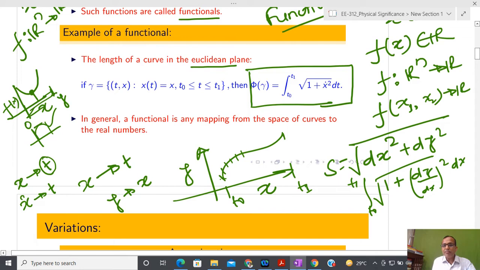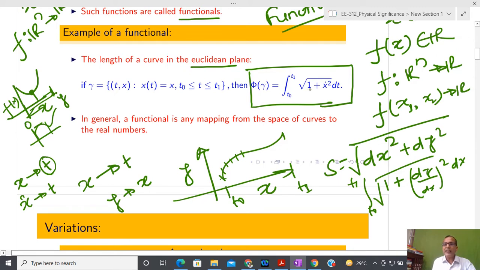Now if you see phi and here gamma, phi gamma has two arguments, so it is a direct function of x dot. And x dot is a function of t, so it means that phi gamma is a function of a function. That is called a functional.